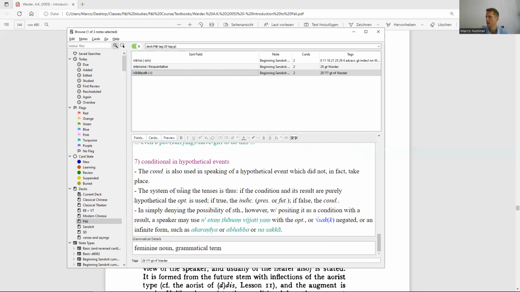In simply denying the possibility of something, however, without positing it as a condition with a result, a speaker may use netam thanam vijjati yam. Literally, this place is not found, meaning it's not possible that, with the optative, or a negated form such as akaraniya or abhabba or na sakka, like not possible, not to be done, not to be.